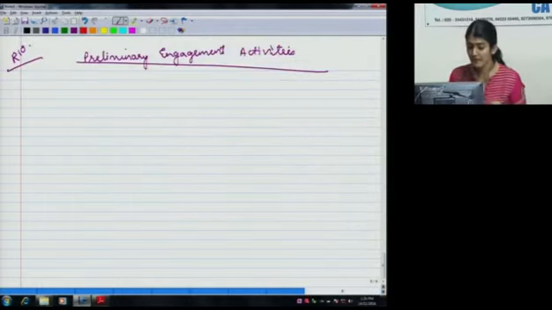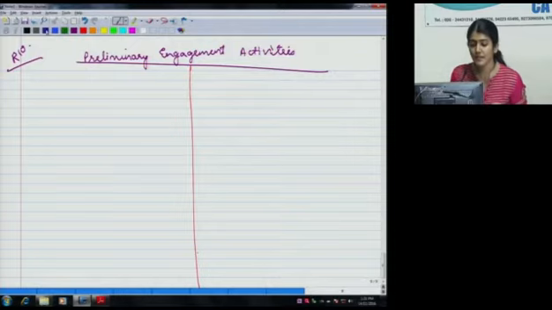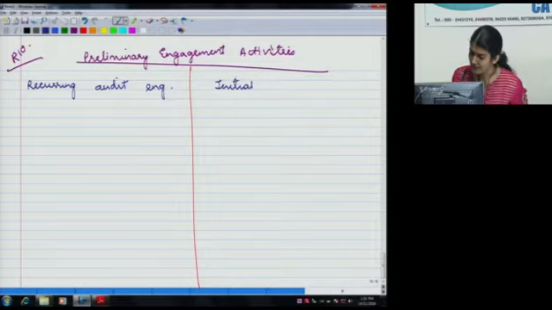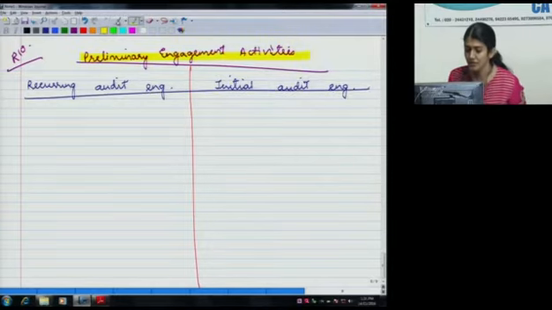Right. So now these preliminary engagement activities have been divided under two. Preliminary engagement activities for a recurring audit engagement and preliminary engagement activities for an initial audit engagement.